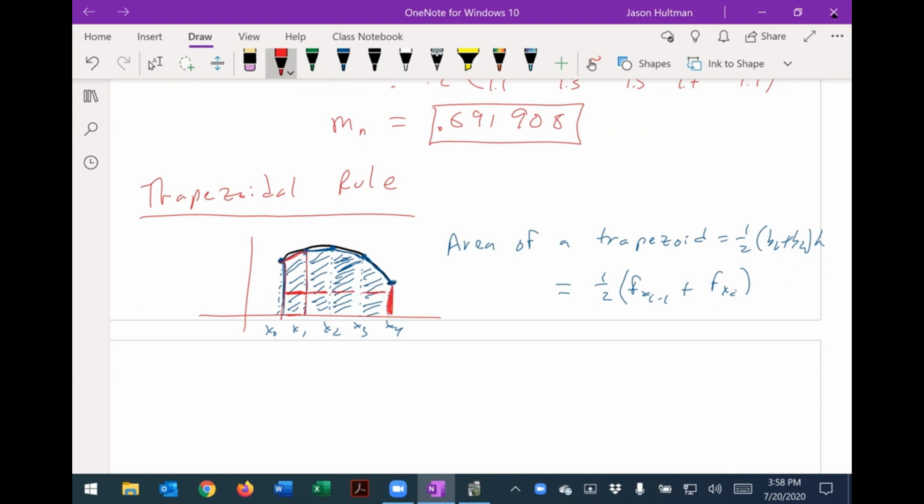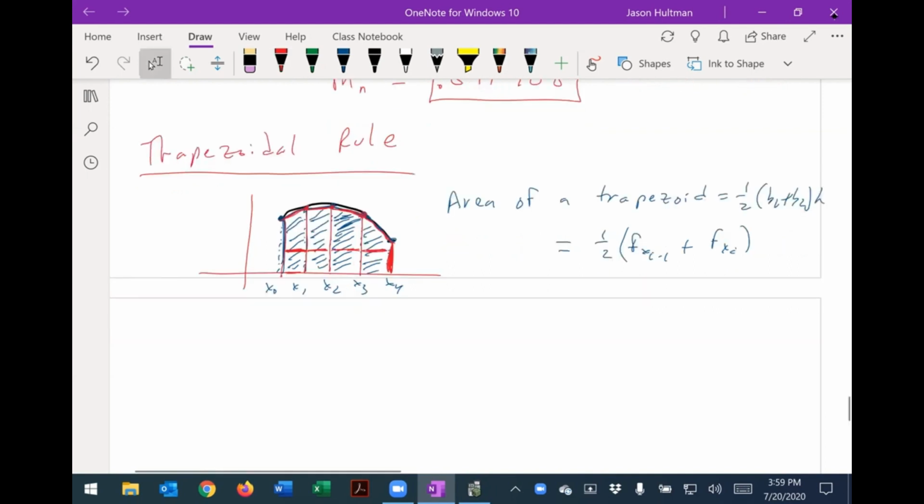Each height is the same here for each of these trapezoids. So the height is the same, and then we're just going to use the height of the function as the basis of the trapezoids. So delta x is the height there.